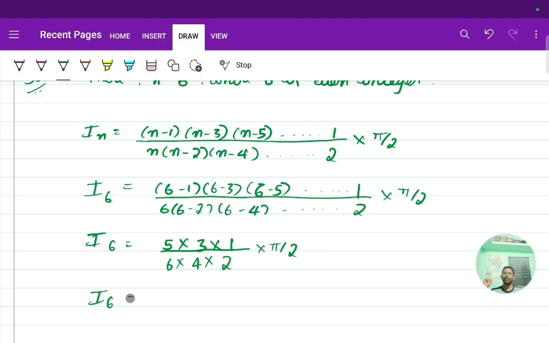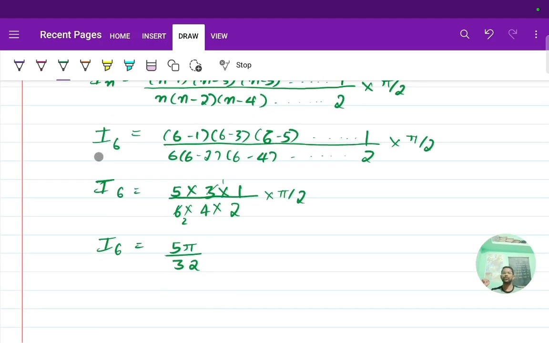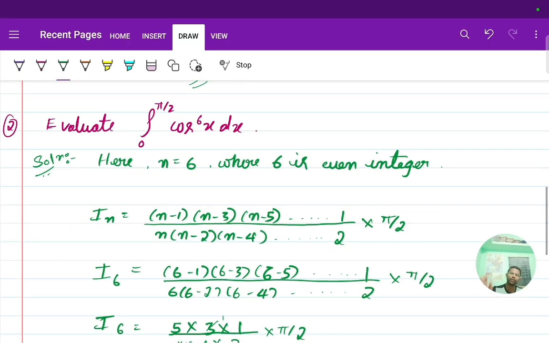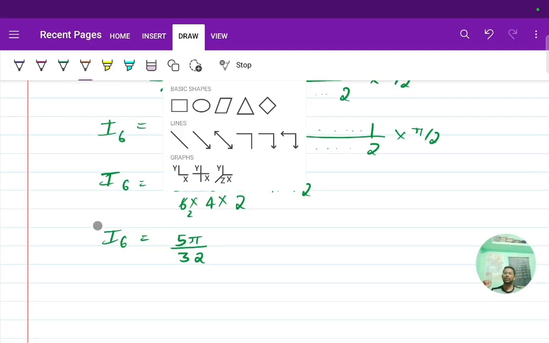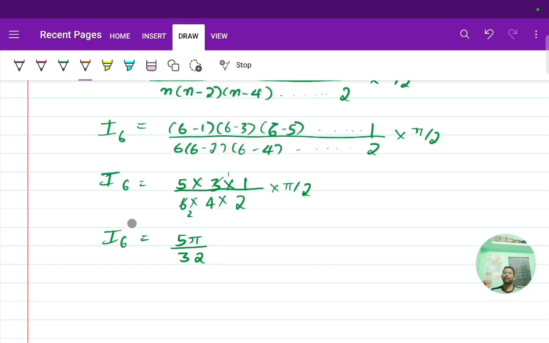Then we can cancel out the 3 ones and the 2 twos, and we get I6 is equal to 5 pi divided by 32. So this is the required solution for I6, for integration over 0 to pi by 2 cos power 6x dx.